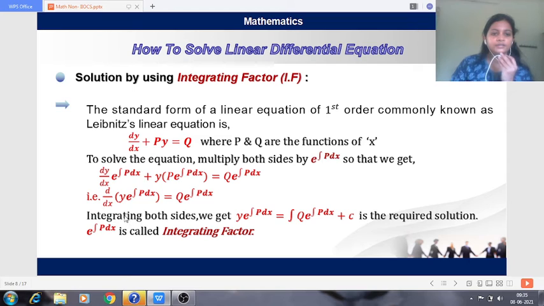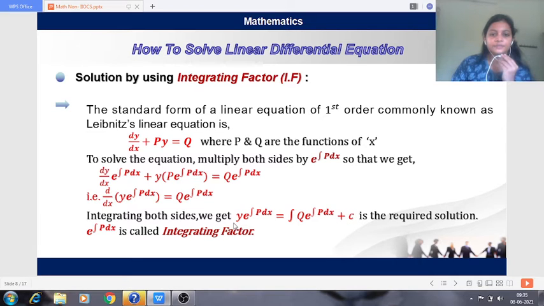Now we integrate both sides of this equation. On integrating both sides of the above equation, we get y e to the power integration p dx is equal to integration q into e to the power integration p dx plus c, where c is the integrating constant.